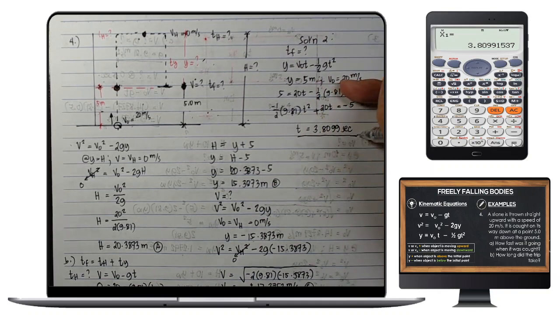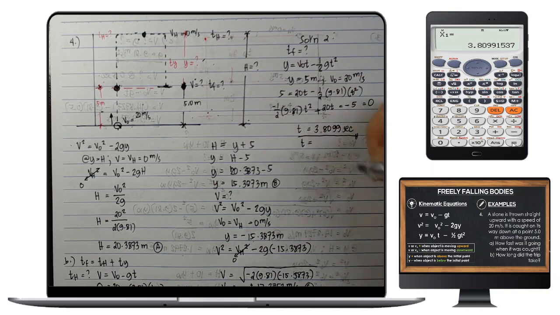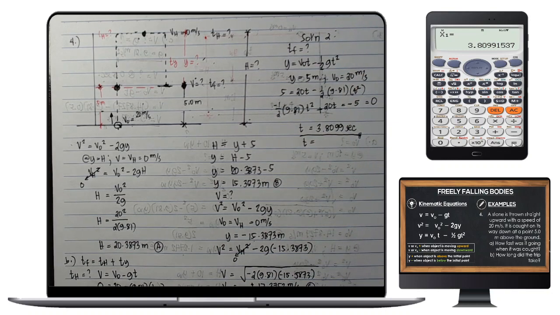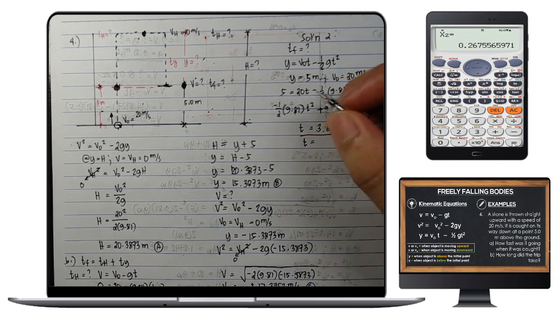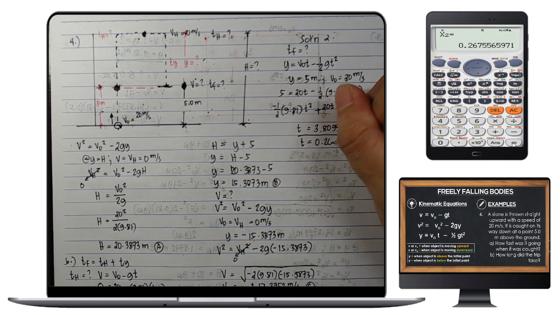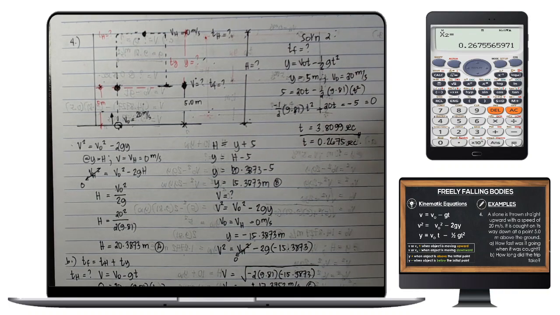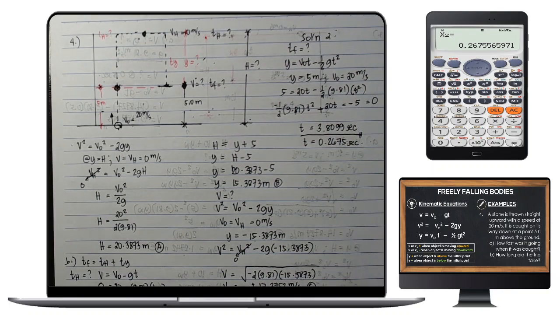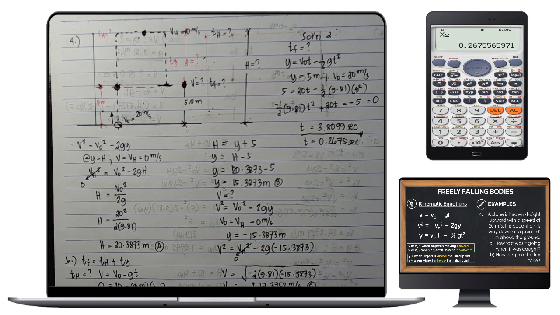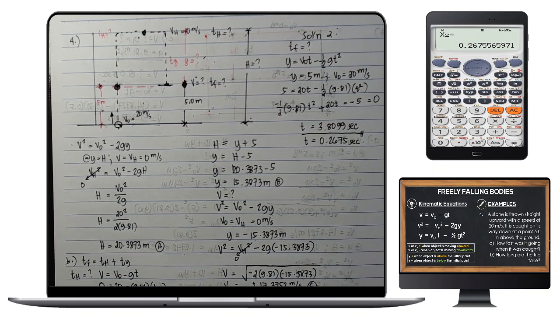Ito. Tsaka, yung isang time natin is quadratic kasi yan, so dalawa yung roots. So, that is time natin is 0.2675 seconds. Since parehas positive, parehas tama yung value. Kaya lang, depende sa sitwasyon.